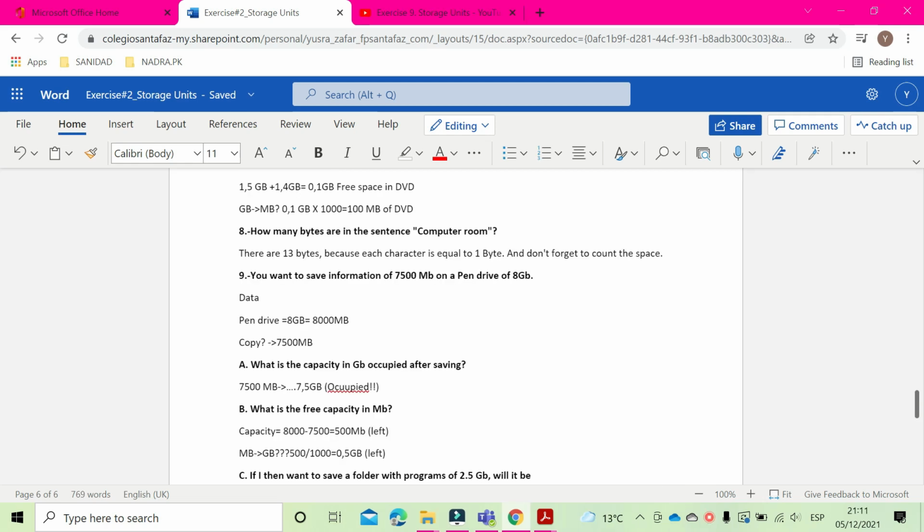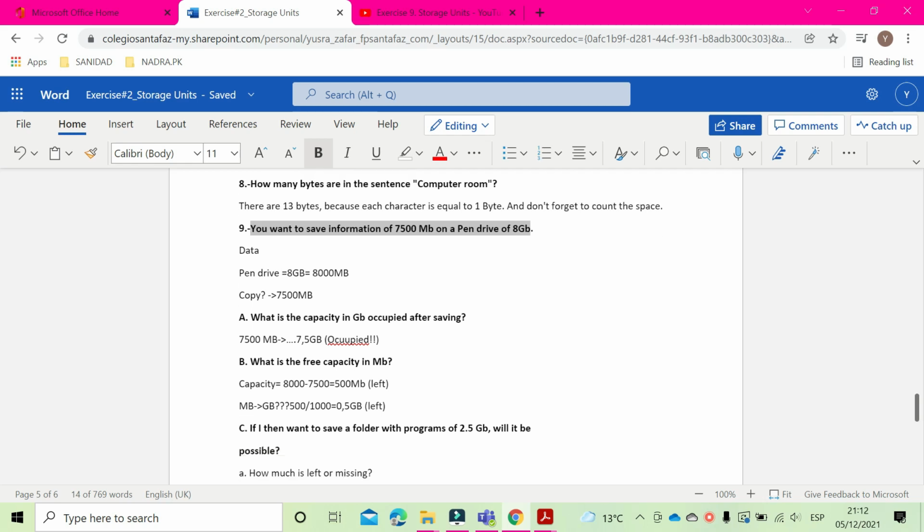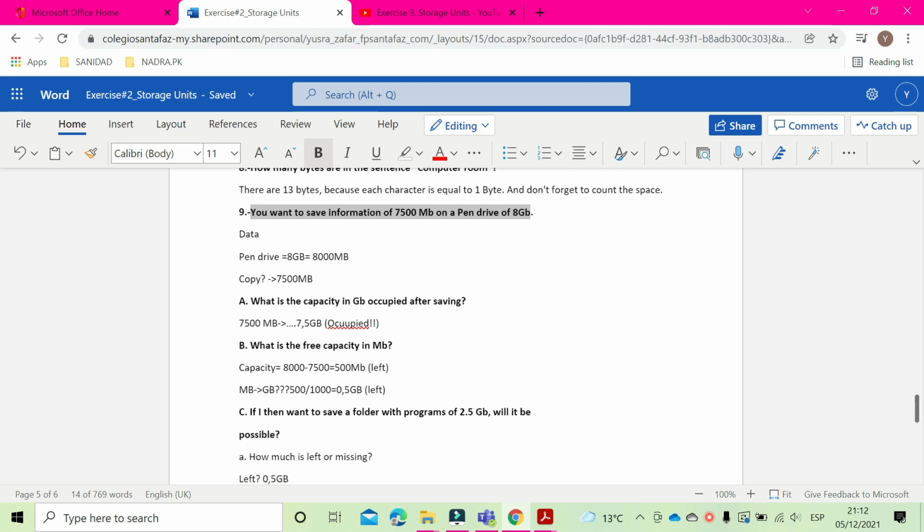The next exercise is, you want to save information of 7500 megabytes on a pen drive of 8 gigabytes. Here we have as data a pen drive of 8 gigabytes, which is equal to 8000 megabytes, and we have to copy 7500 megabytes.